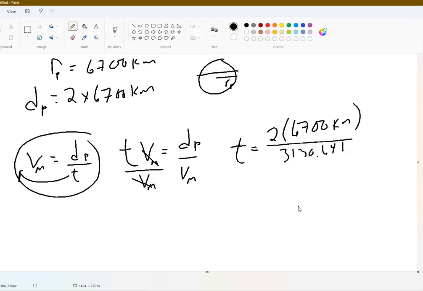And notice the units were kilometers per hour, so the kilometers cancel, and you'll have 1 over hours, and the hours will come up to the numerator. All right, so we're about to figure this out.